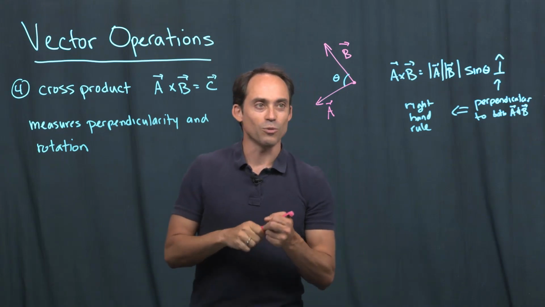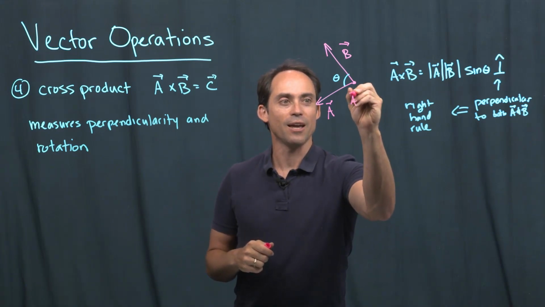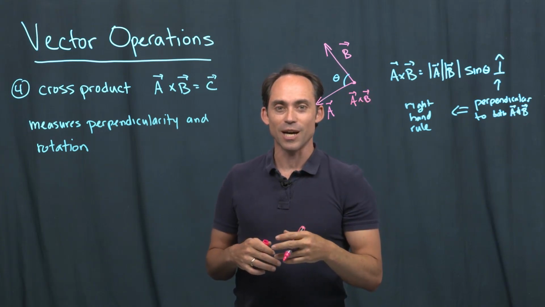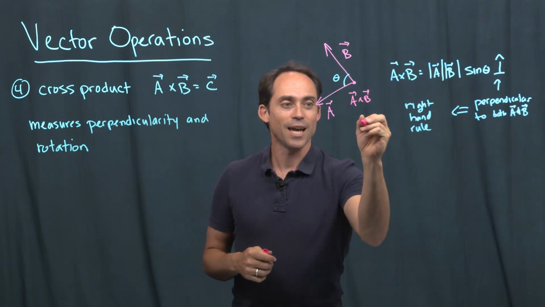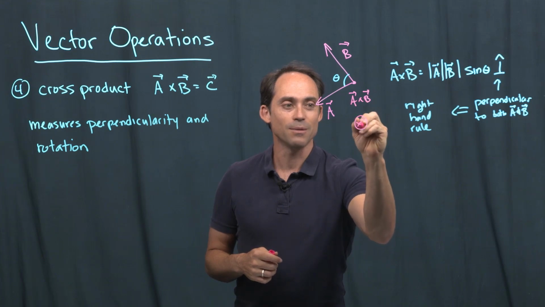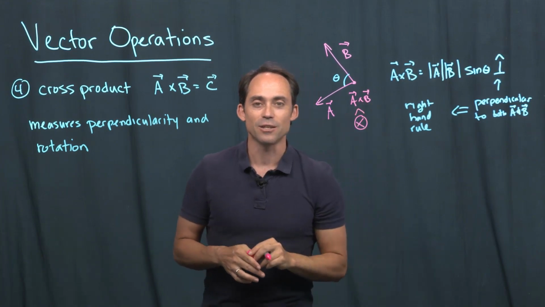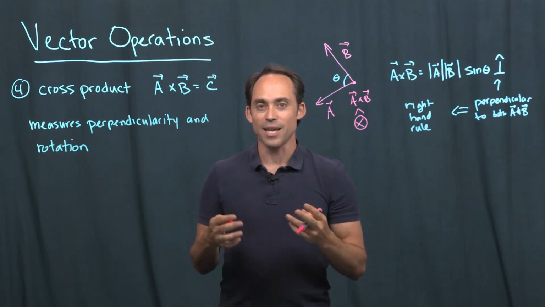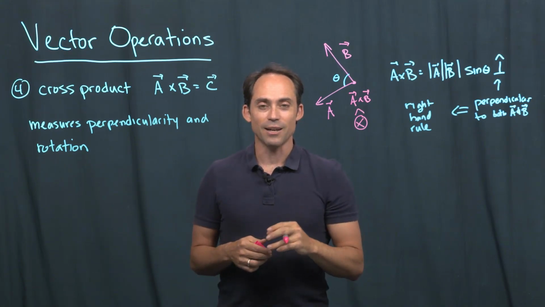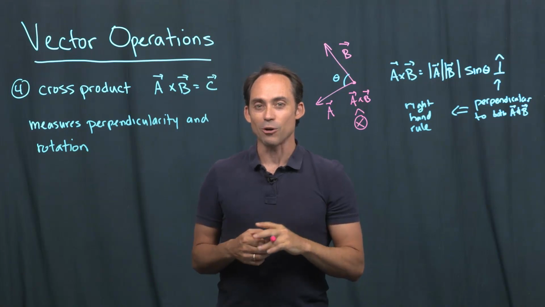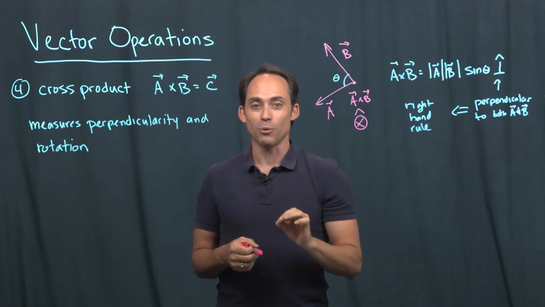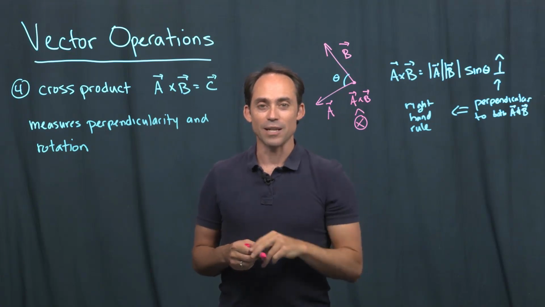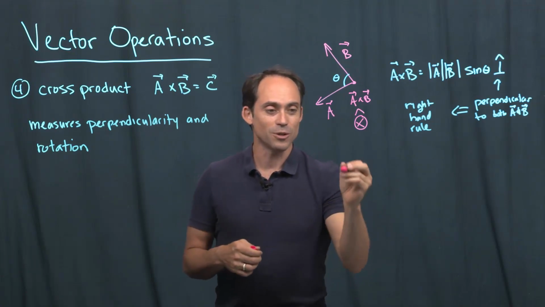And so in order to write down that vector, A cross B, I have to write a direction that specifies into the board. And we actually have a symbol for that. It's this little cross or X with a circle around it. That is indicating into the board. And you can think about it almost as like an arrow that's flying away from you into the board. You're looking at the back end at the feathers of the back of the arrow. That's kind of that symbol. The opposite symbol, so let's write that down.